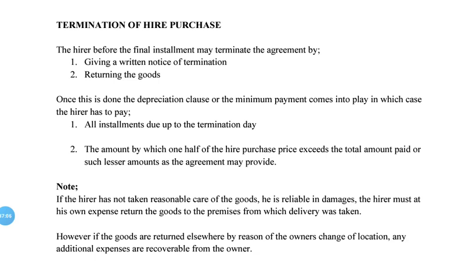So the hirer, before the final installment, may terminate the agreement by giving a written notice of termination. So the contract will be cancelled or rendered to an end. And returning the goods, the moment you return the goods, it means that you have decided to terminate the contract.